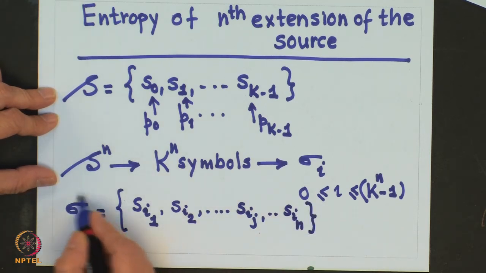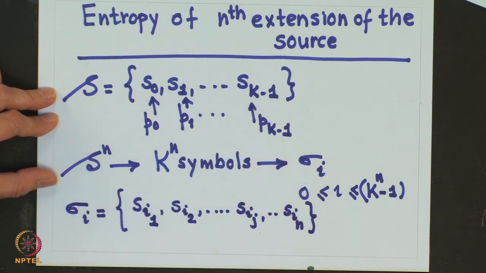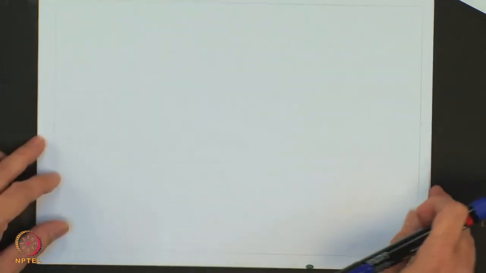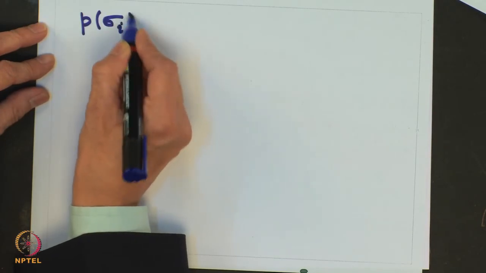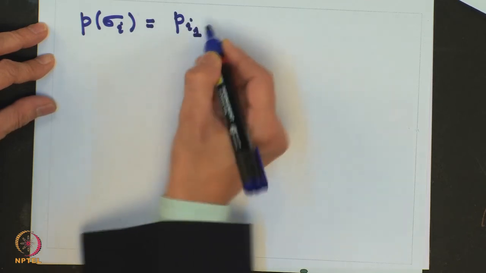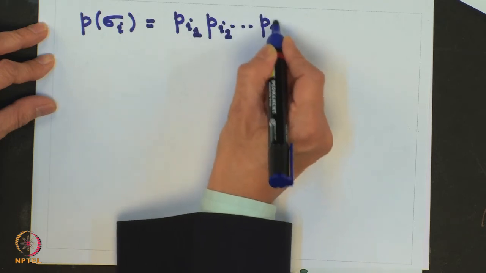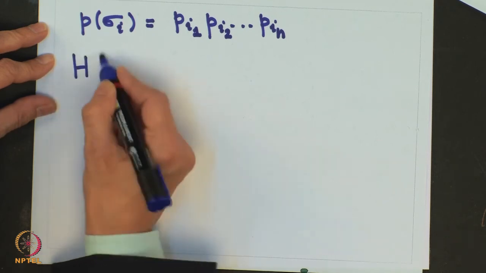So, each of these new symbols will have n symbols from the original source alphabet. Okay. So, now we will assume that the source is a discrete memoryless source. So, if we do this, then the probability of sigma i is equal to probability of i1 multiplied by probability i2 up to probability in. So, let us calculate the entropy of this source.